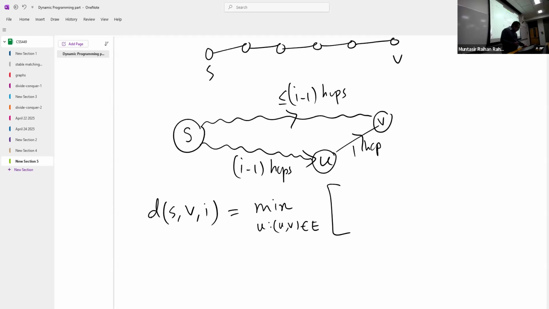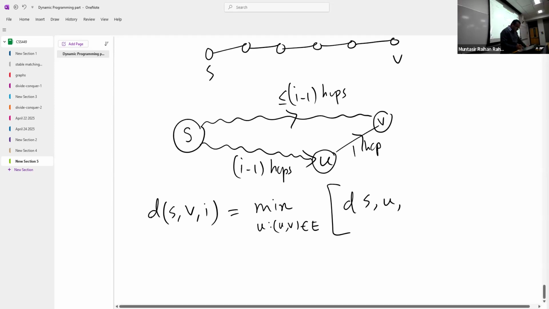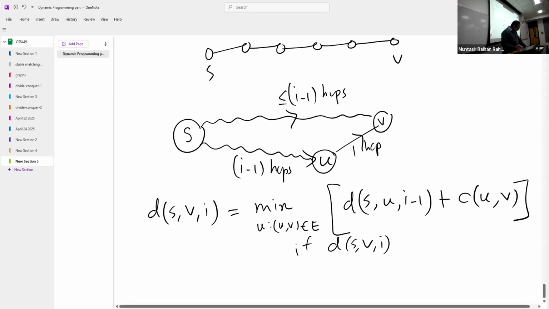So you can write that as d of s to u, where you are allowed only I minus 1 hops, plus the cost of the edge from u to v, right? And this is when d of s v of I actually uses I edges, right?